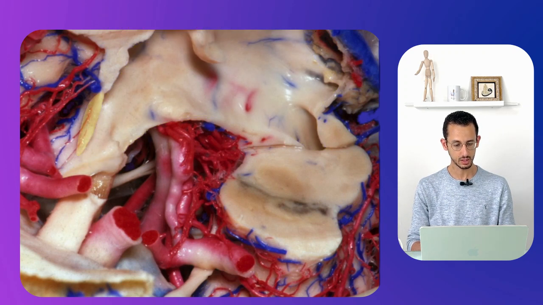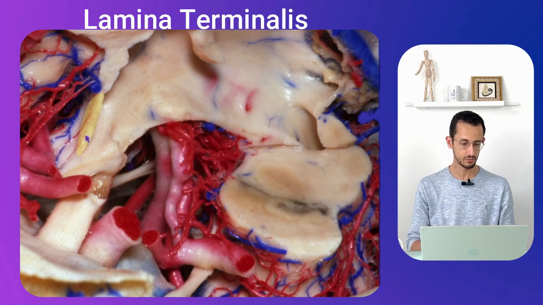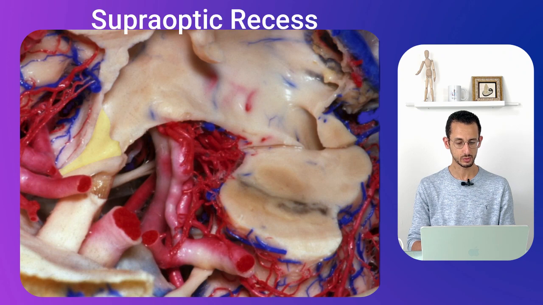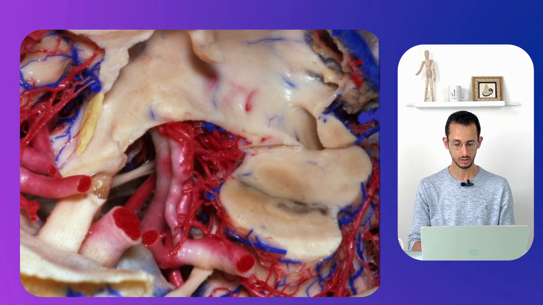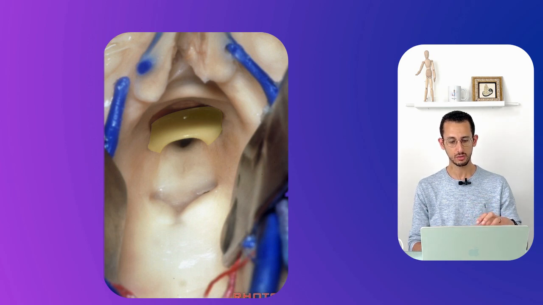And you can see the optic chiasm is here. You can see the lamina terminalis, which is kind of forming the anterior inferior wall of the third ventricle. And here is the supraoptic recess, which we just mentioned in the previous dissection picture. Here we're going through a superior view of the anterior third ventricle.